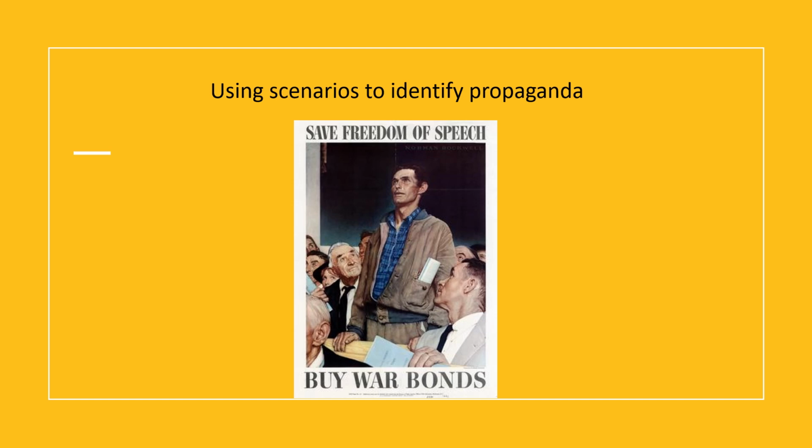The person in the lower right corner, he's also holding something in his hand. And what is the connection that's being made here? Save freedom of speech, which is protected by the First Amendment to the U.S. Constitution, buy war bonds.